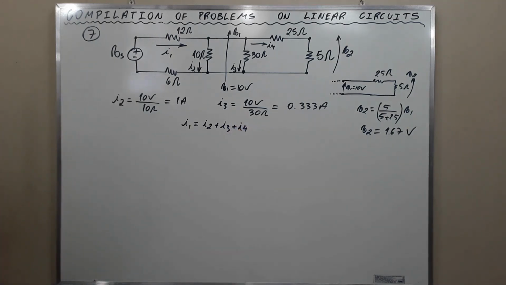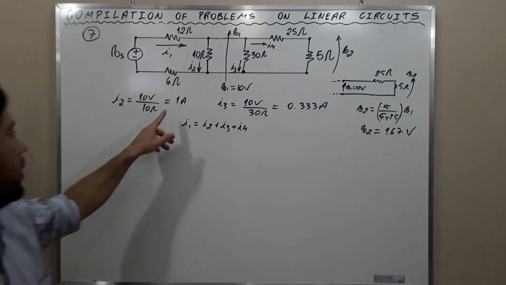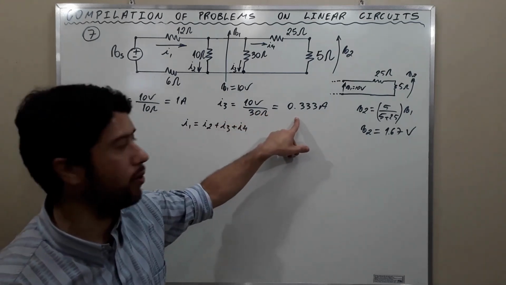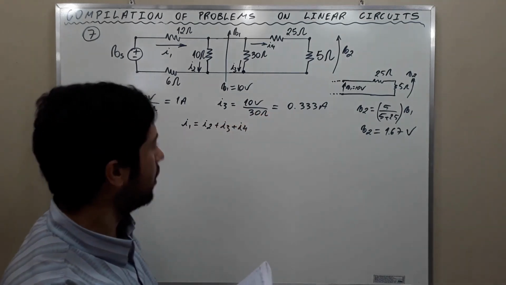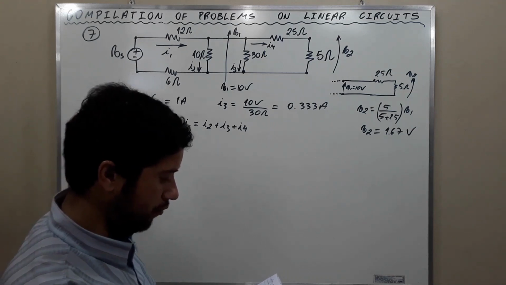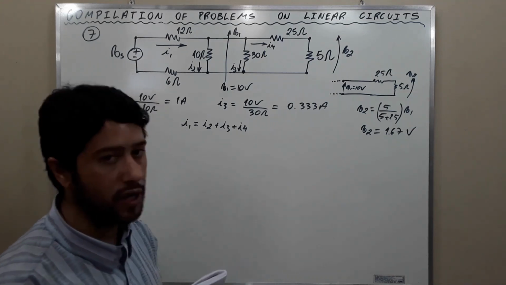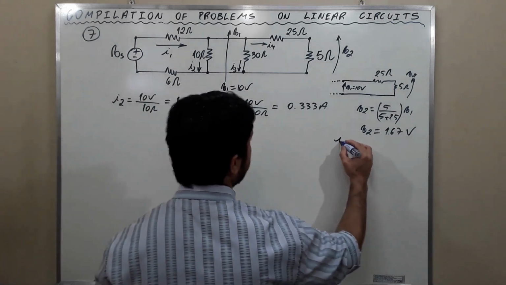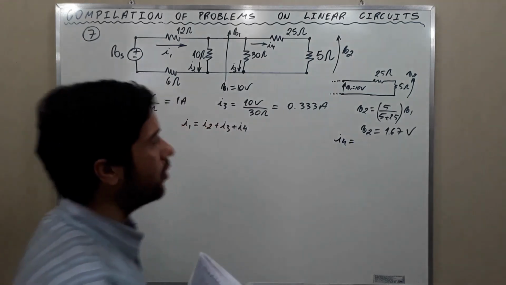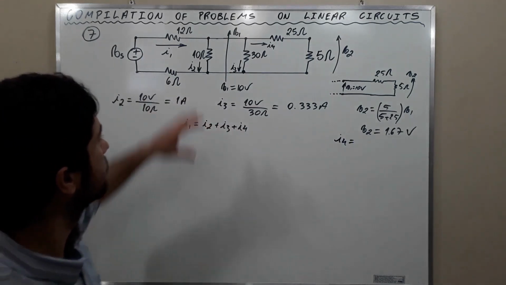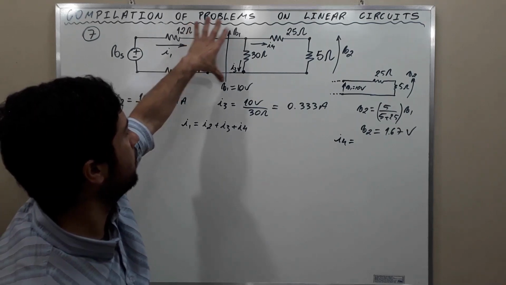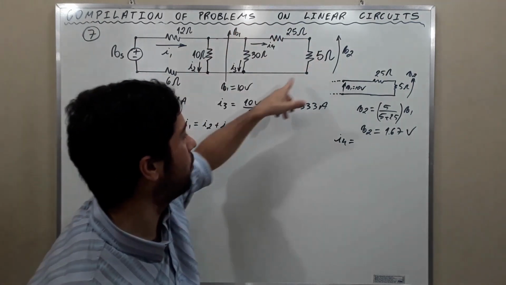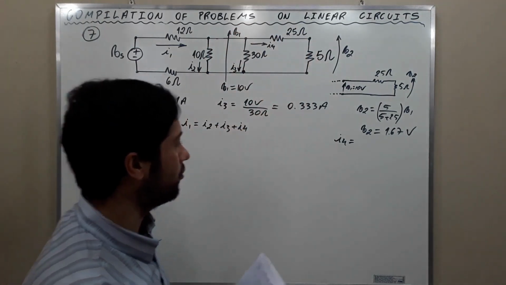And we already know their values. We know that I2 is 1, and we know that I3 is 0.333. We need to find I4, which we haven't yet calculated. It is easy. I4 is simply the division between the voltage V1, the voltage here, and the sum of the resistances here, which is 30.